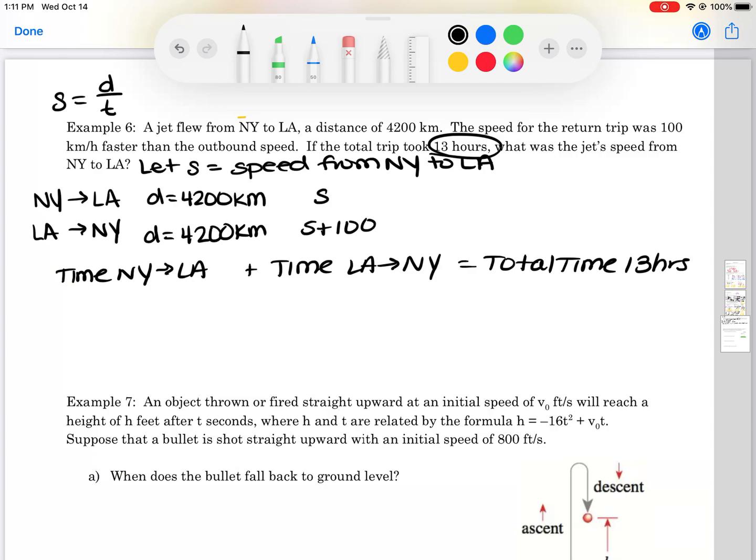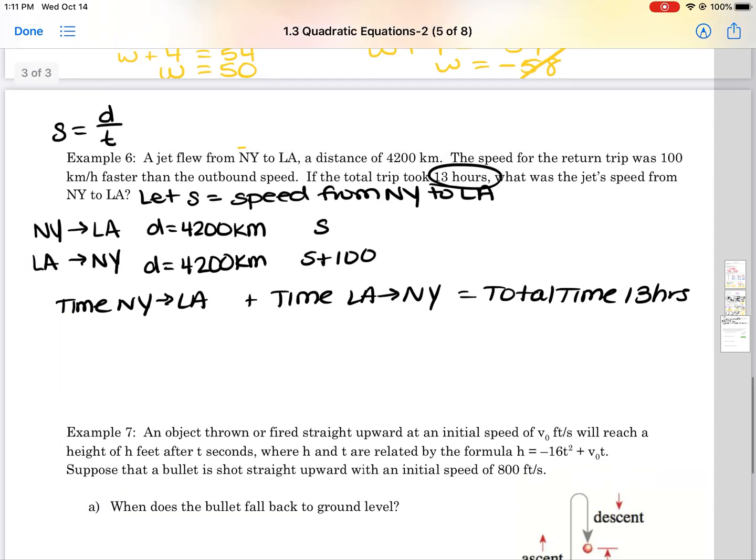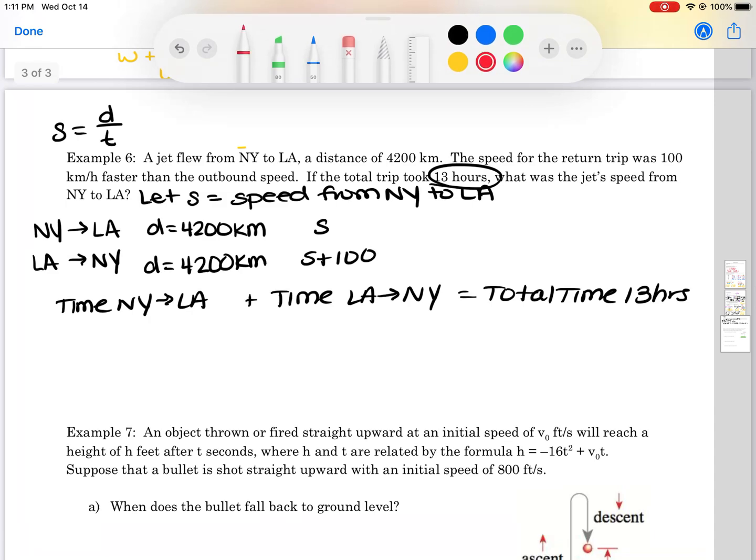Now I just need a formula for this. I know the distance, I know the speed, sort of, I have an expression at least. Now I want to know the time. I can rearrange this formula to say T equals. Think of this as cross multiplying. That gives me D is equal to ST, and then I'll divide by S on both sides.